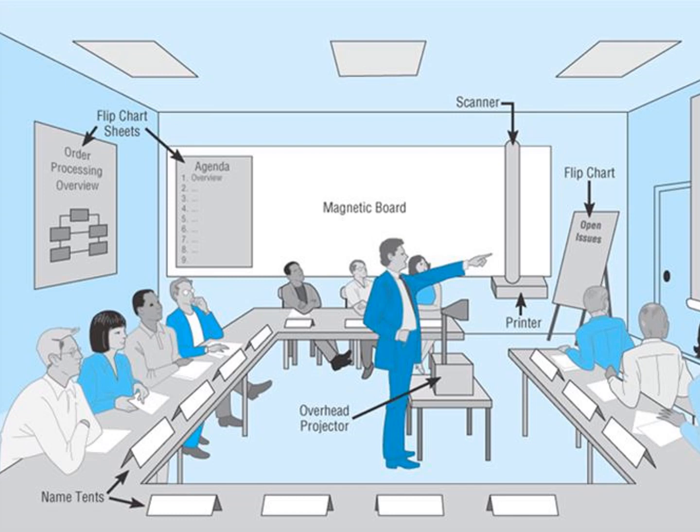We can also have the agenda placed on the wall, so everyone knows what they should discuss in this session, what the objectives are and so on. We also should have an order processing overview, open issues, and a flip chart, so we can add and edit the session items, or let's say issues or any interaction.